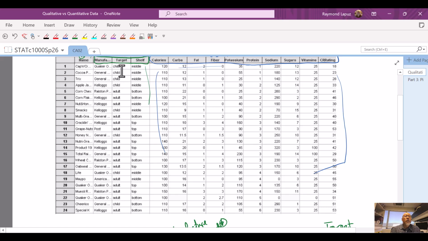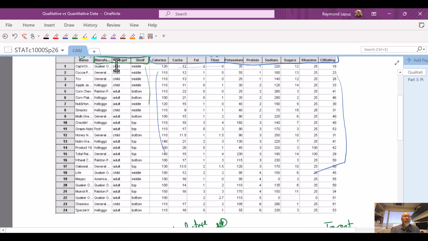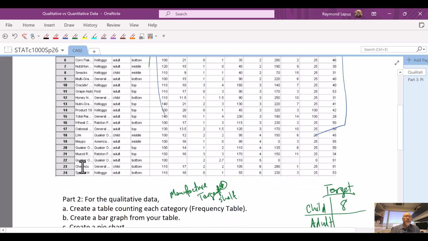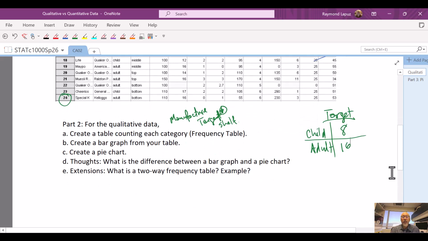So there's child 1, 2, 3, 4, 5, 6, 7, 8. I think there are 8 of them here. And in adults, I can count them, but I know that there's 24 total entries in our data set. And so I'll just do a subtraction problem, and I think that's going to be 16. Okay. So this is our table.